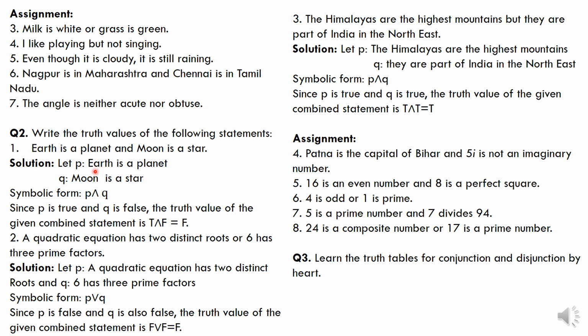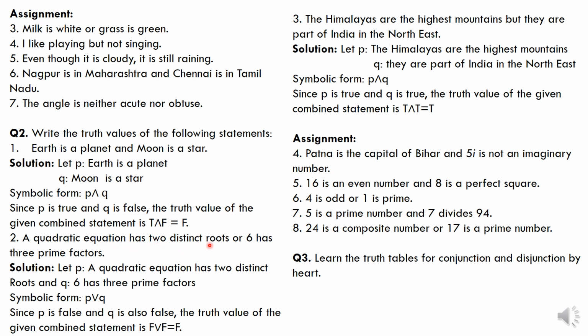The symbolic form is P and Q. Now, as you can see, the statement P is true because Earth is a planet, but the statement Q is false because Moon is not a star. Hence, P and Q comes out as true and false. Thus, from the truth table, we know that true and false is false. So, the value of the combined compound statement is false.